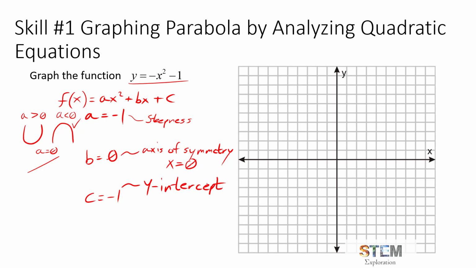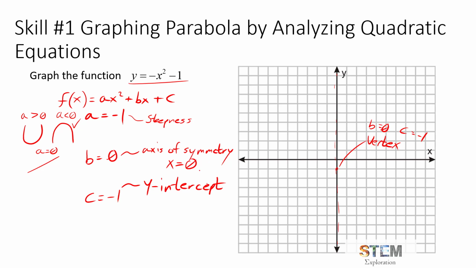So if the axis of symmetry is at 0 and your y-intercept is -1, then your vertex is at -1 as well. I can tell right away that this is my vertex based on this information, given that b is equal to 0, which tells me the axis of symmetry is at x equals 0, and that c is equal to -1.